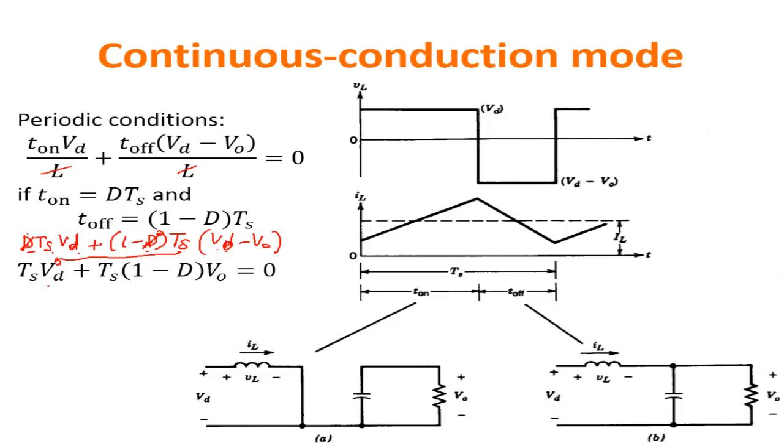Just discard this simplification because it's only on one part of the equation, not on the other one. When you have this, of course, you can simplify Ts and Ts, and therefore you have VO as a function of VD. Essentially, VO is equal to... what about the sign here?